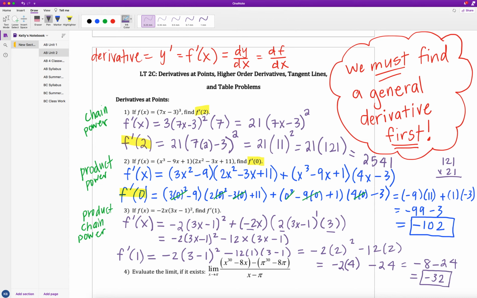So we end up with a negative 32. That's our final answer. And again, if this was a free response problem, we would not need to simplify all the way down. In fact, we could leave our answers once I have that line where I've substituted stuff in. So I'll highlight them in green for us. If we have a free response, I could just leave my answer on this first problem with this first line once I have that x value of 2 plugged in.